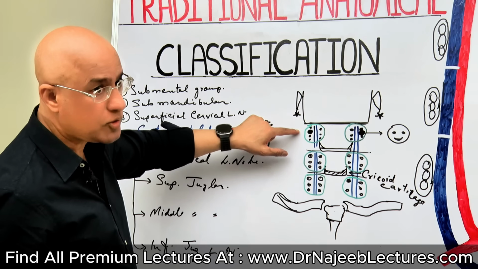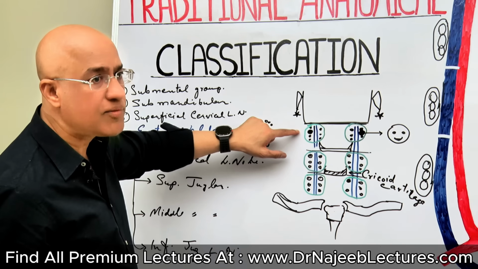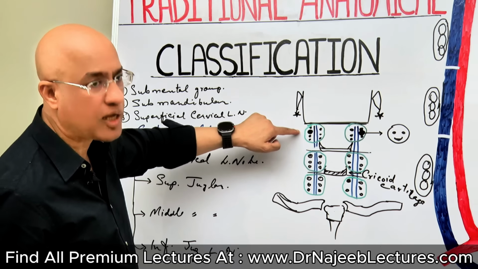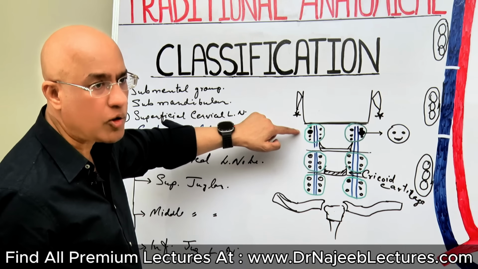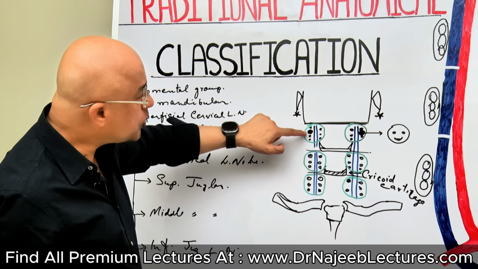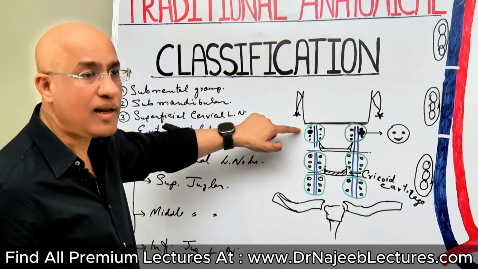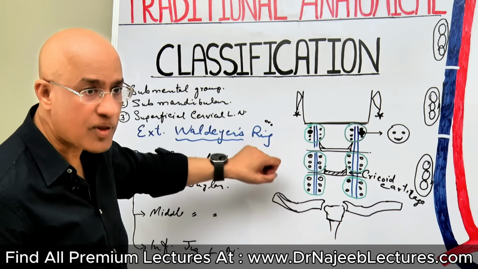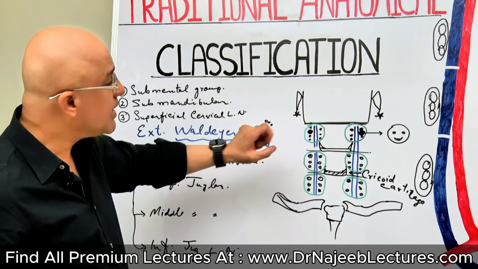Number one, you must remember that generally speaking, when we have an enlarged lymph node, we say there is some pathology. We say there is lymphadenopathy or pathology of the lymph node. But the jugulo-digastric lymph node is normally physiologically larger than other lymph nodes. So it's not always pathological.